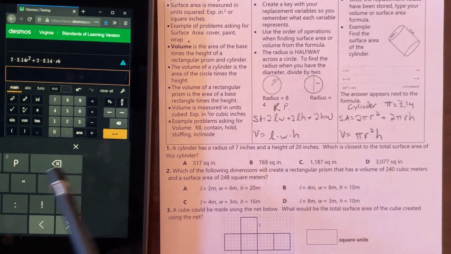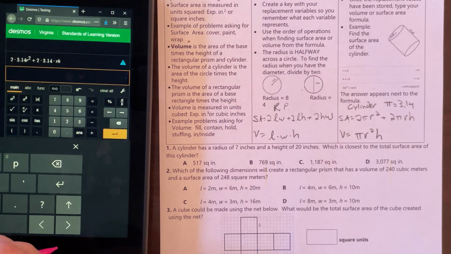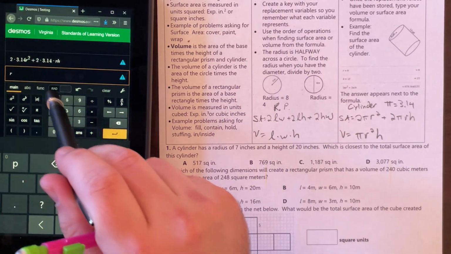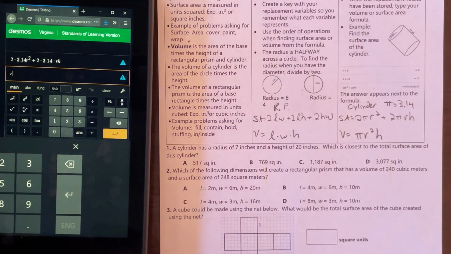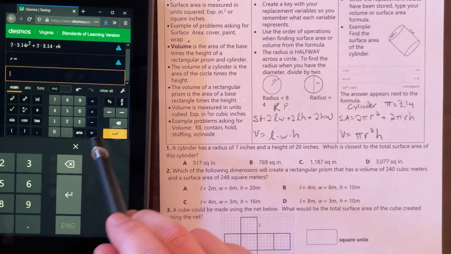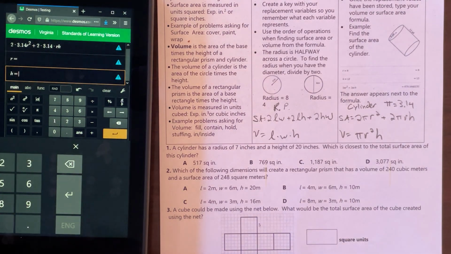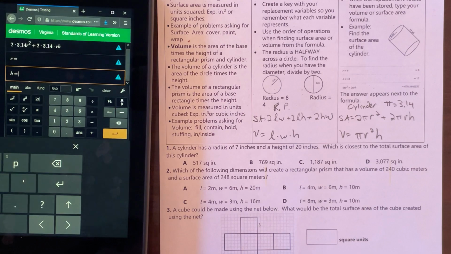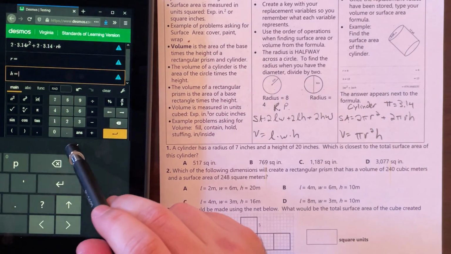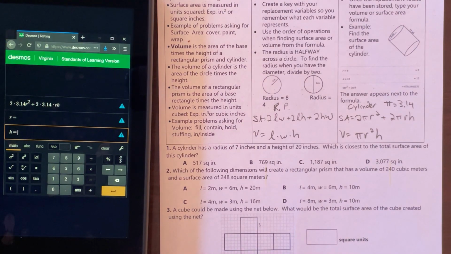So I'm going to say r is equal to, and h is equal to. Let me make sure the problem is still on screen.